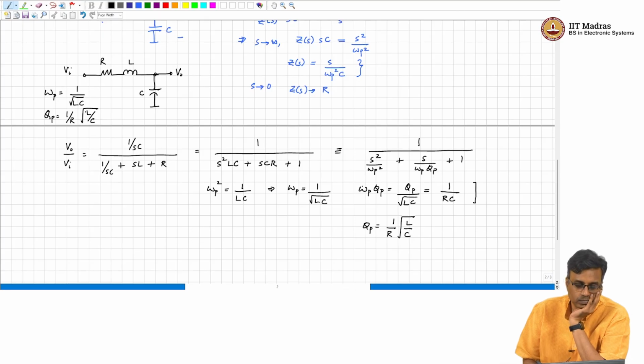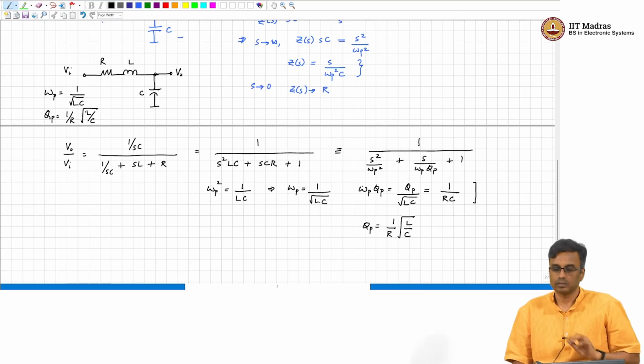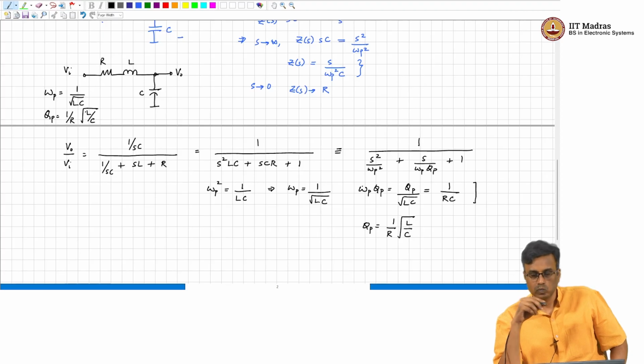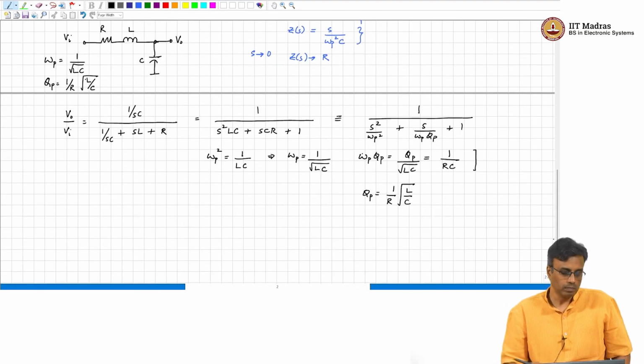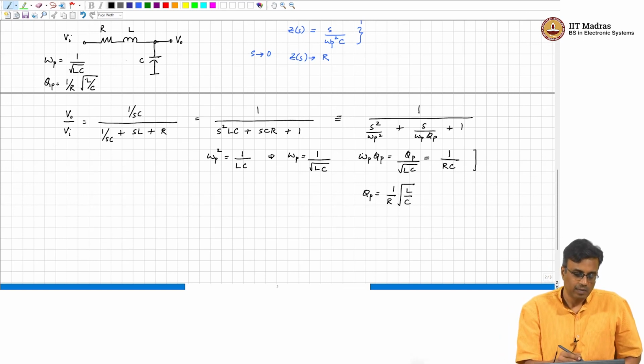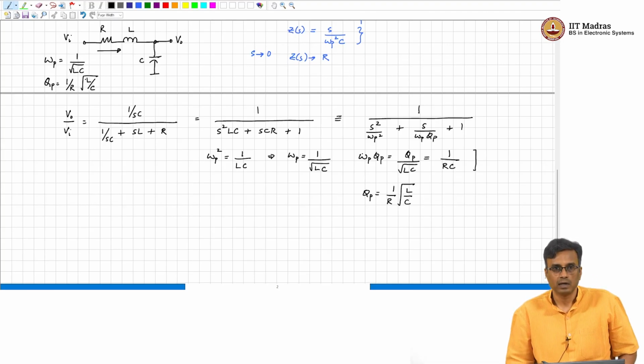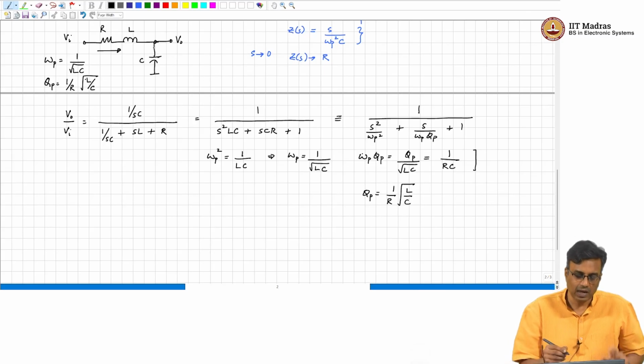As a sanity check, at high frequency, which impedance, R or L, dominates? Inductor. And at high frequency the capacitor is short.